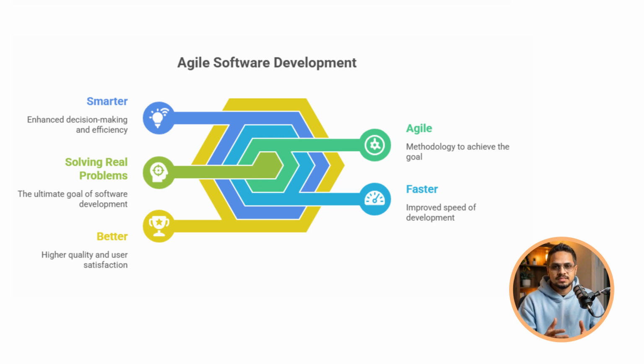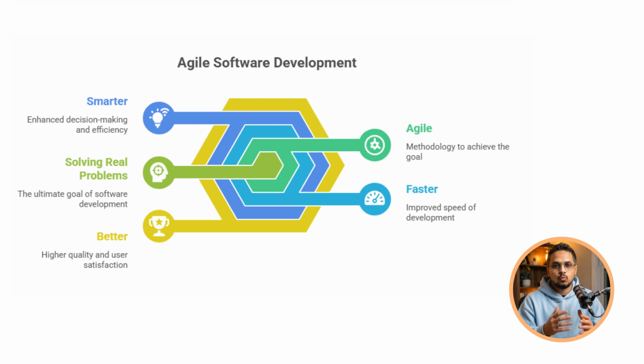And Agile helps teams do exactly that, faster, smarter, and better. So now you understand how modern software is built. Understanding Agile, sprints, and backlogs is essential for every product manager, because great products are not just designed, they are delivered through structured development processes.